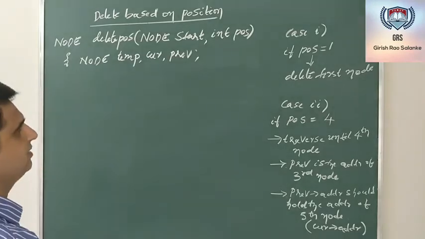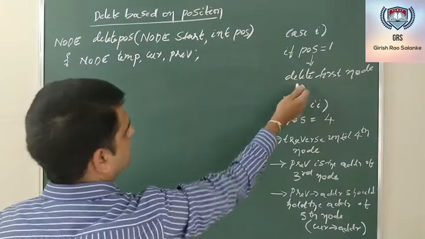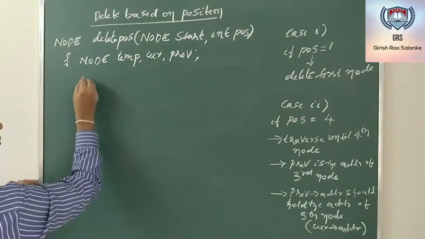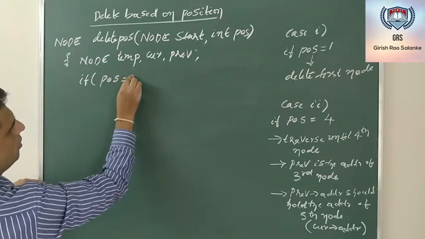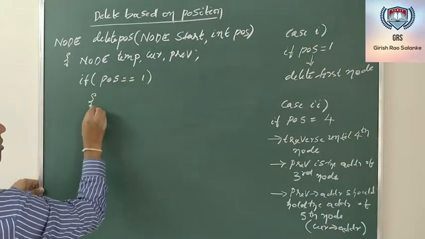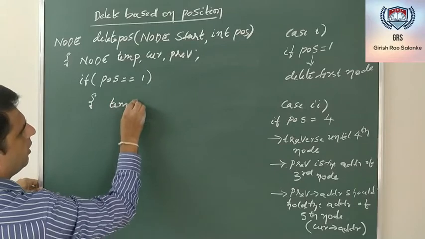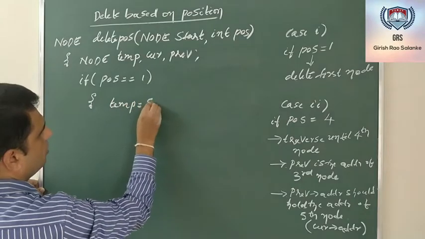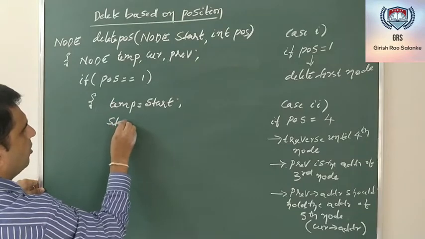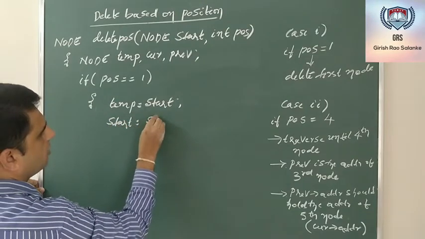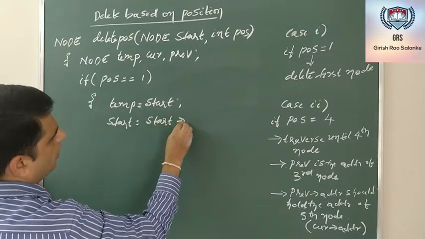Now assuming that the list is there, I will come up with the first case. If position is equal to 1, make temp hold the address of the first node, temp is equal to start, and make start hold the address of the second node. Start is equal to start of address.